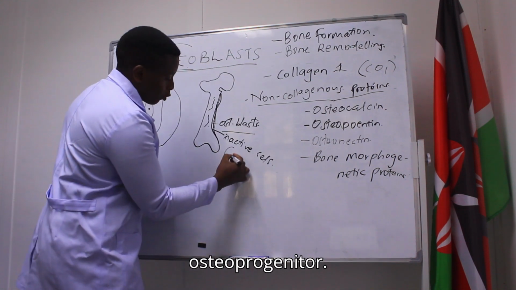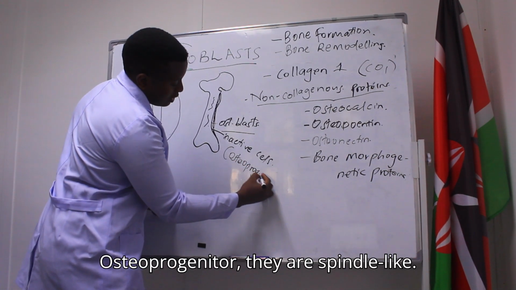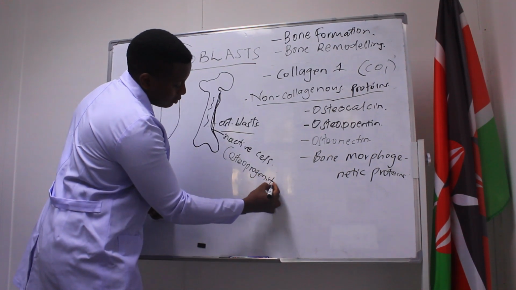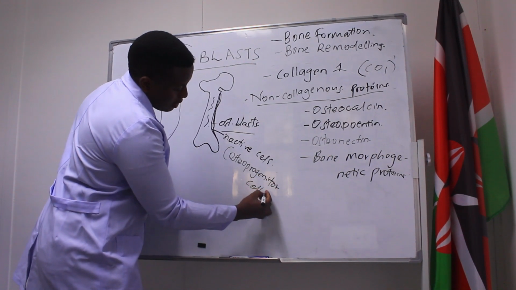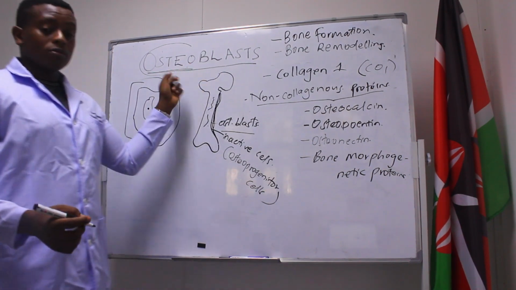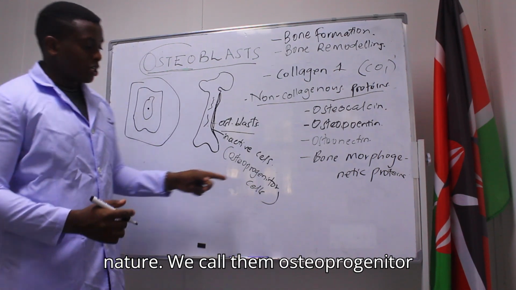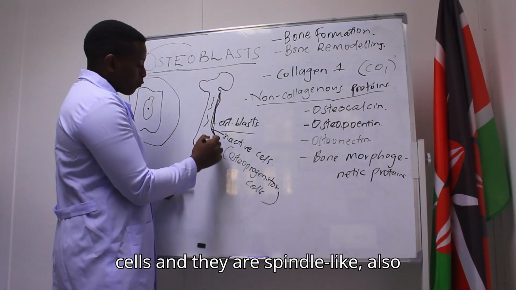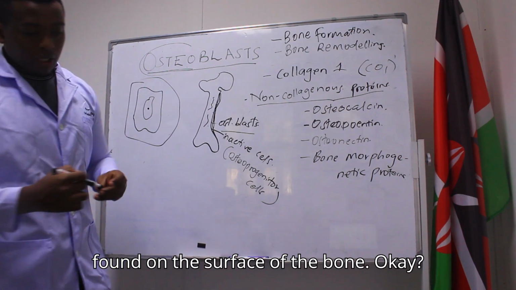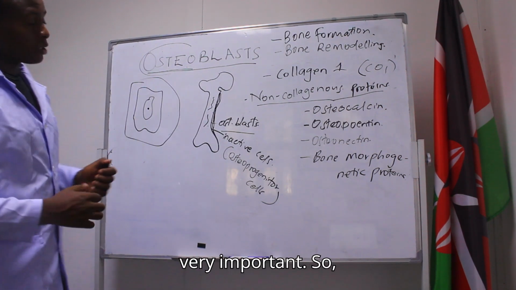We call them osteoprogenitor cells. They are spindle-like cells which are osteoblasts but inactive in nature, also found on the surface of the bone. Very, very important.